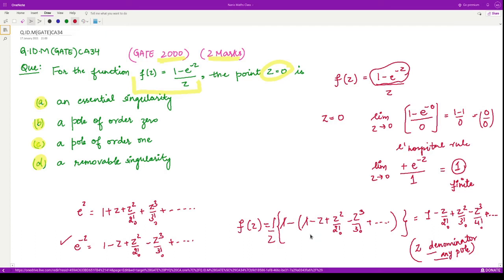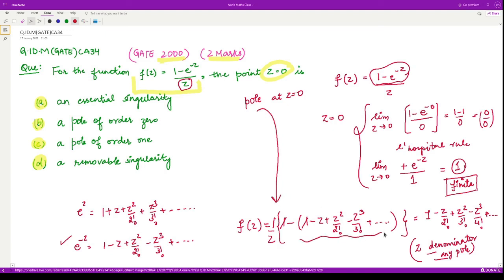This we have seen by expanding the term e to the power minus z, whereas when you took the limit of this function, it came out to be a finite number. So in this case we conclude that this z which is present in the denominator behaves as if it would have a pole at the point z is equal to 0, whereas when you expand this function into the series form, you do not see any pole within this expression.